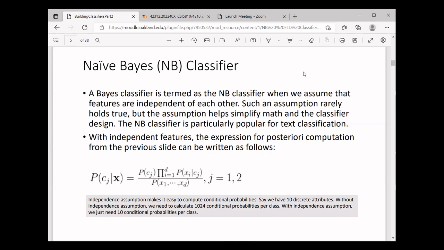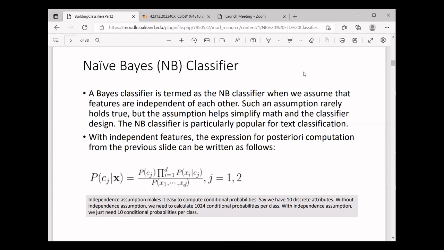That is, these d values that represent a particular object, those d measurements are independent of each other, which is really not true. But if we make that assumption, life becomes a little easier, and the resulting degradation in the performance is not that much.